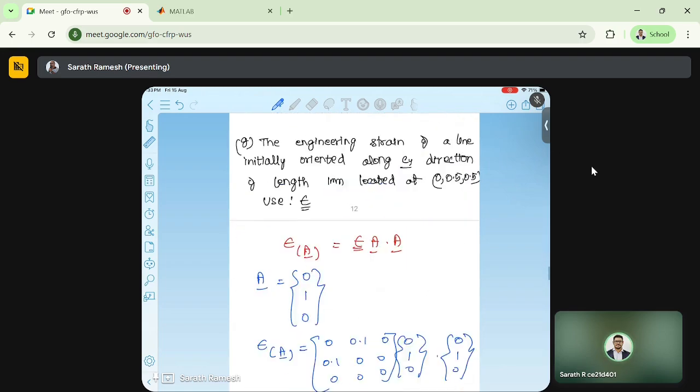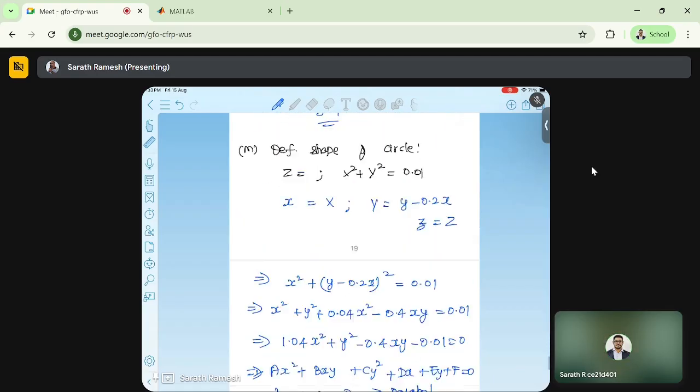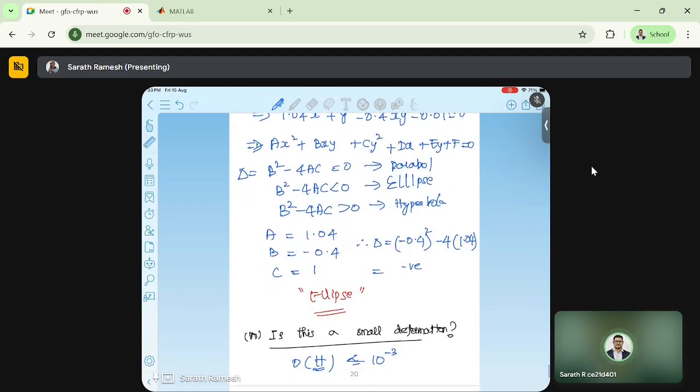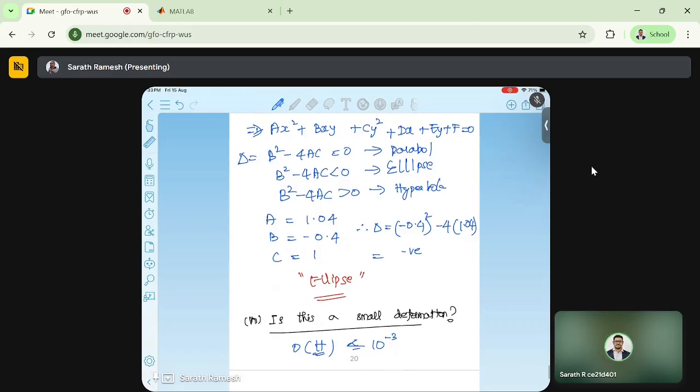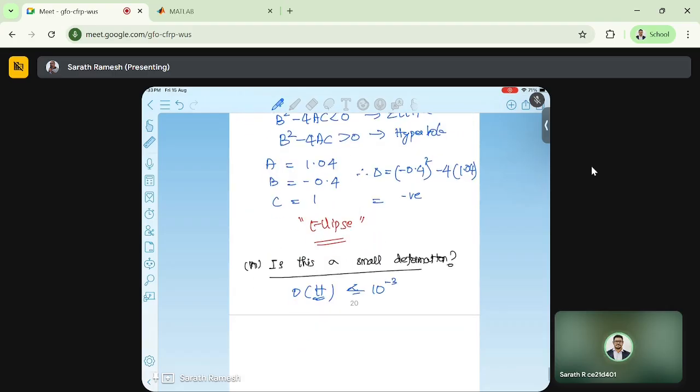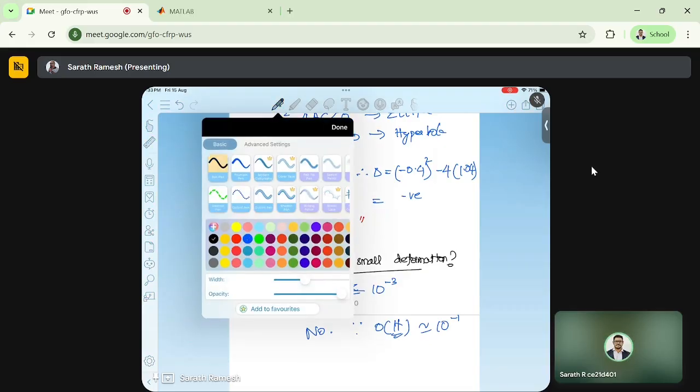It is of the order 10 power minus 1 only. So it is not a small deformation problem. Okay, so the answer is no, since the order of h is only 10 power minus 1. Okay. Fine. So this completes the first question fully.